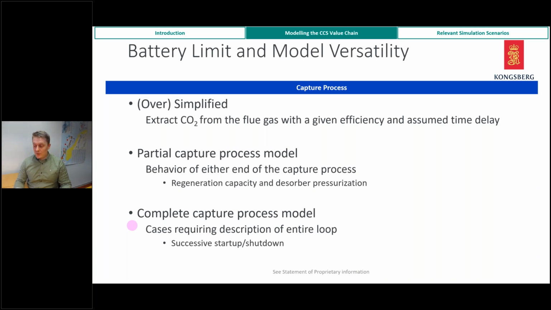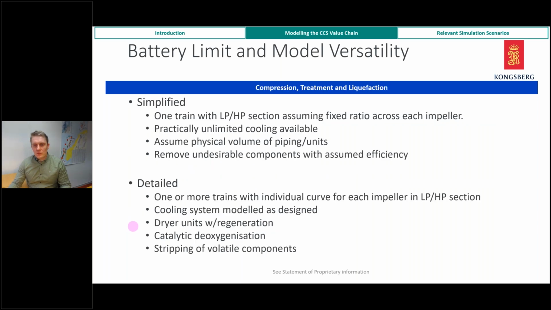And if you started out modeling parts of the process, you now can plug in the rest of it. This is how we try to evolve the models over time, depending on customer needs, of course.